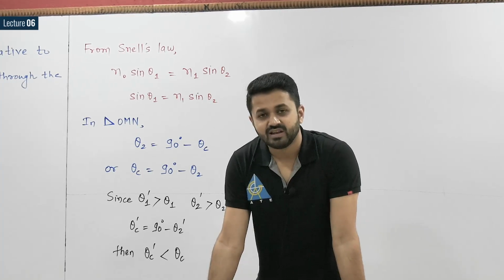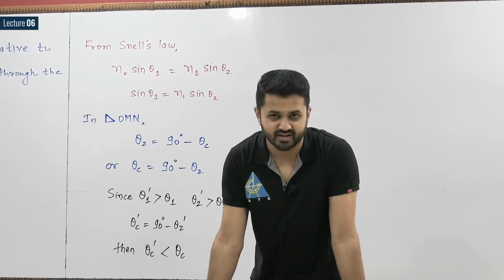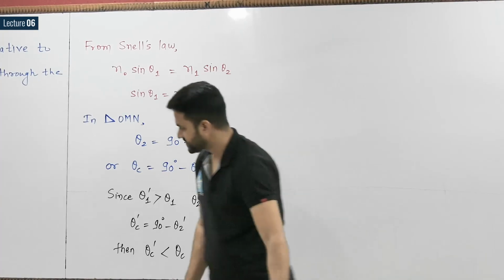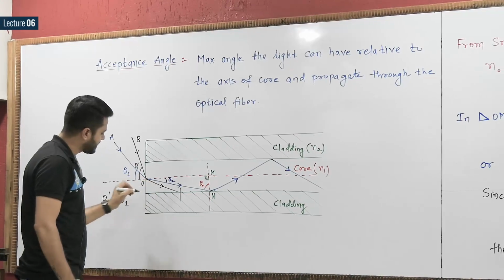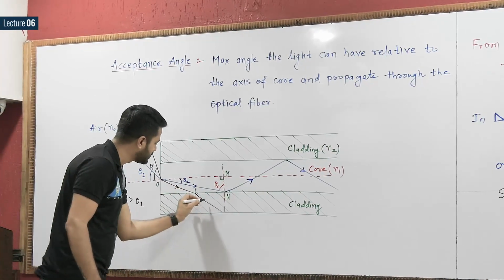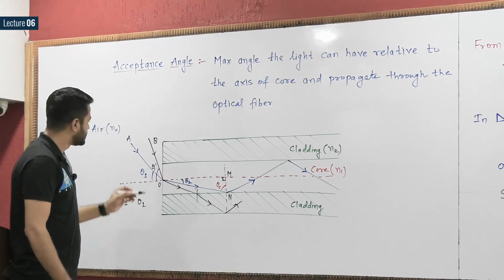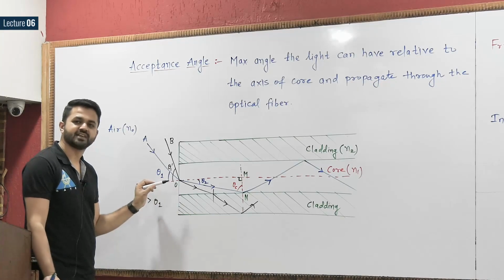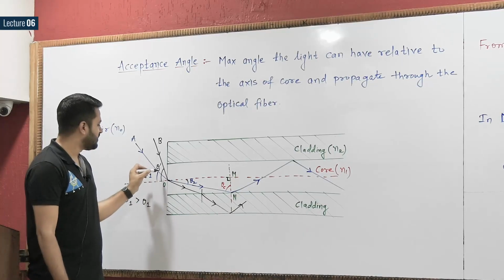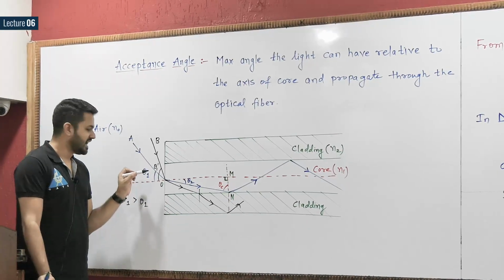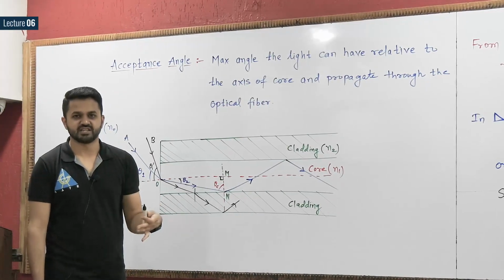So if the light is incident at less than the critical angle, then the light will propagate, it will not be totally internally reflected. That means it will travel down to the cladding somewhere here. So ray B is incident making an angle greater than theta 1, and because the angle of incidence has been increased, the angle of refraction is also increased.